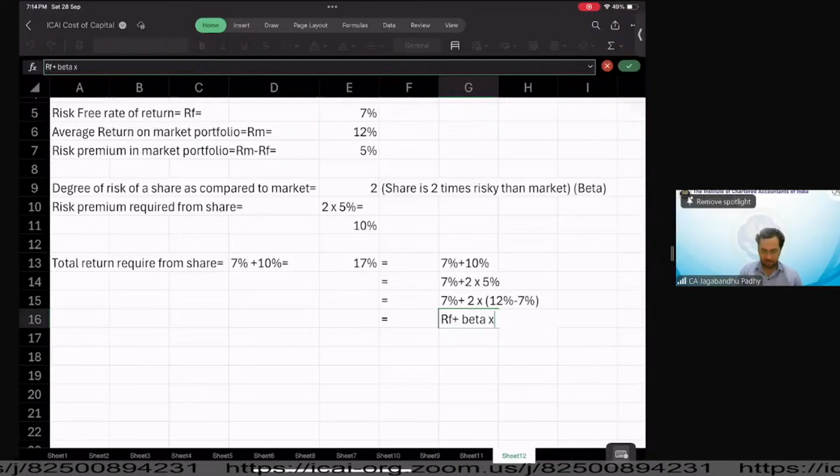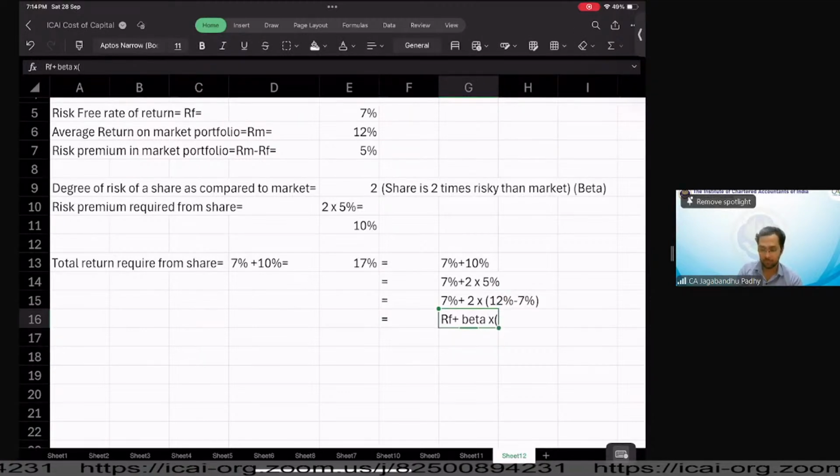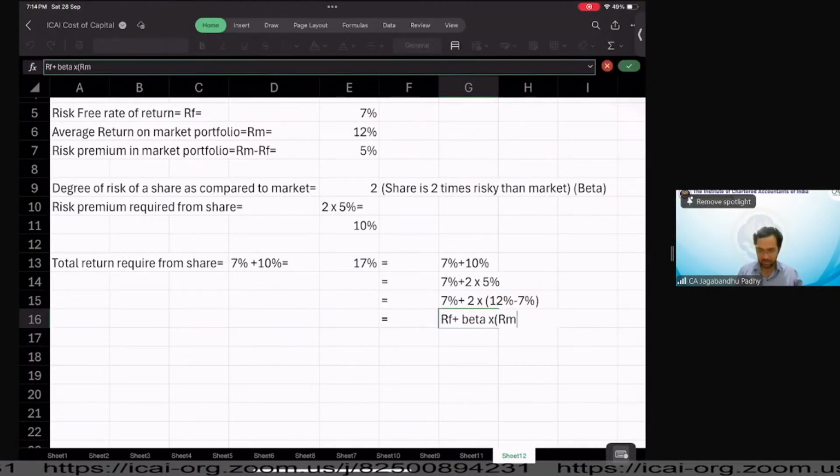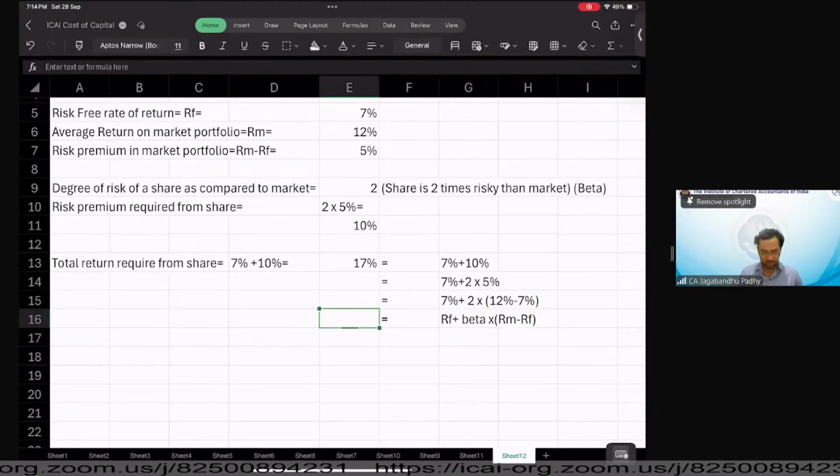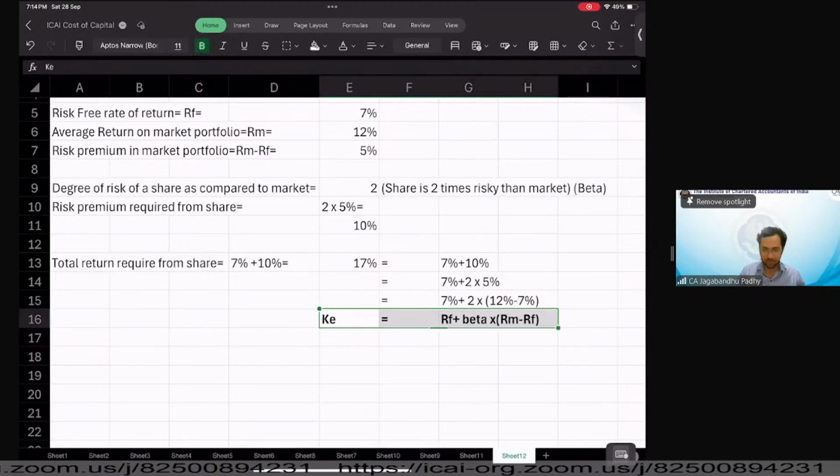Beta multiplied by, what was 12%? It was RM, the market return, minus, what was again this 7%? The risk-free rate of return. This is the Capital Asset Pricing Model.